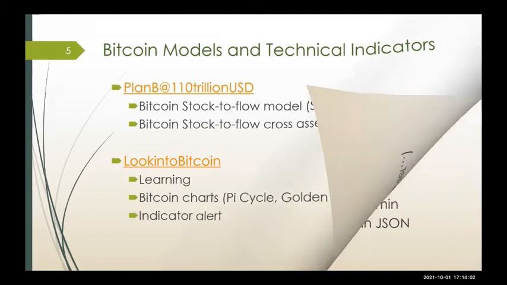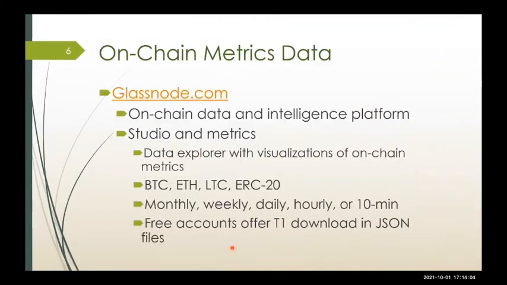So lastly, what I find to be very useful is the new on-chain metrics data. One of the websites that offers you some free on-chain metrics data is Glassnode.com. Glassnode data recently became very popular. I've seen a lot of podcasts and analysts start to use their on-chain data.